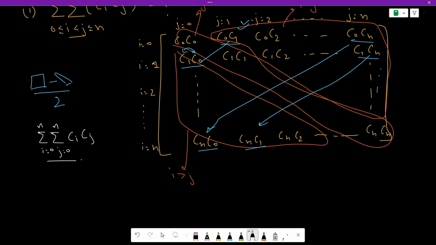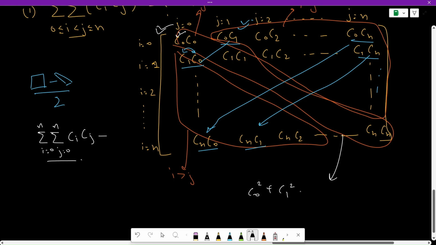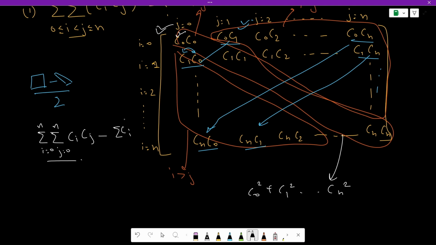The double sigma gives the sum of all the values in this matrix, basically the complete matrix summation. So what we need is this summation minus where i is equal to j. As you can see, this is c0 square plus c1 square and so on up to cn square. So we need to subtract summation ci squared, i equal to 0 to n, and this divided by 2 will give us the final answer.